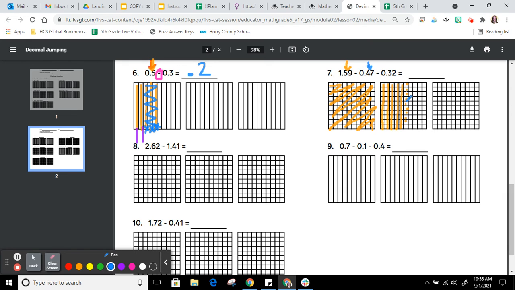So we know this column right here is 9. 1, 2, 3, 4, 5, 6, 7, 8, 9. 10, 11, 12, 13, 14, 15, 16, 17, 18, 19. Since there's 10 in a column we're taking away, there's 29, 39. If I do a whole other column, it's going to be 49.